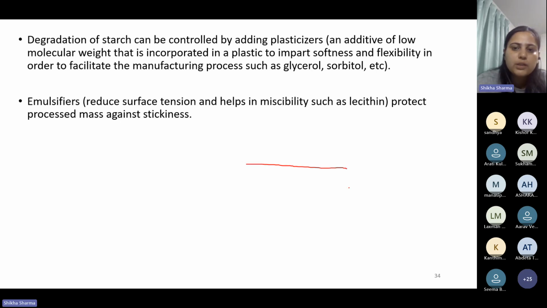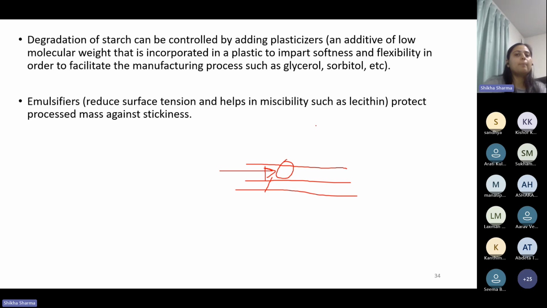This is a polymeric chain. This is also a polymeric chain. It is highly cross-linked, and the plasticizers go in this space. So the bond will be a little less tightened now, and that's why it increases the polymeric chain flexibility.